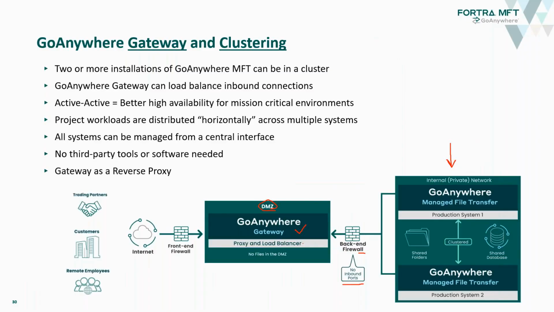The gateway itself is connected as a two-way proxy, so both forward and reverse are supported, meaning users coming in will be mapped to the backend, but also GoAnywhere can connect to your external partners, routing through the gateway, through the DMZ, keeping your private network private. And a big thing here too: no files and no security credentials are stored within the DMZ server. Again, this is an area where users are connecting up to. We don't want things sitting there that they potentially could grab, right? So again, they're not there.